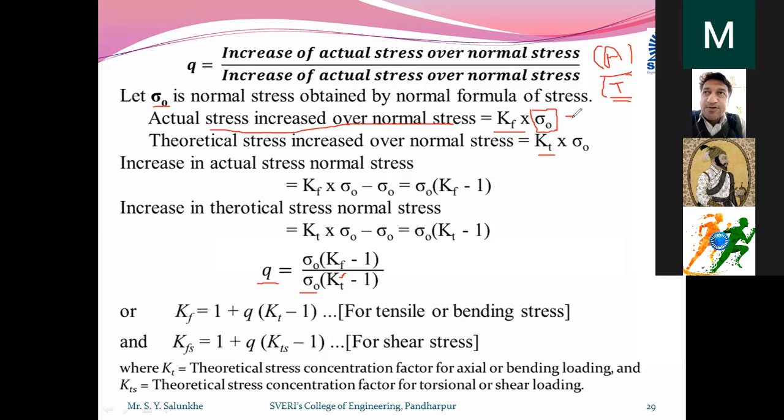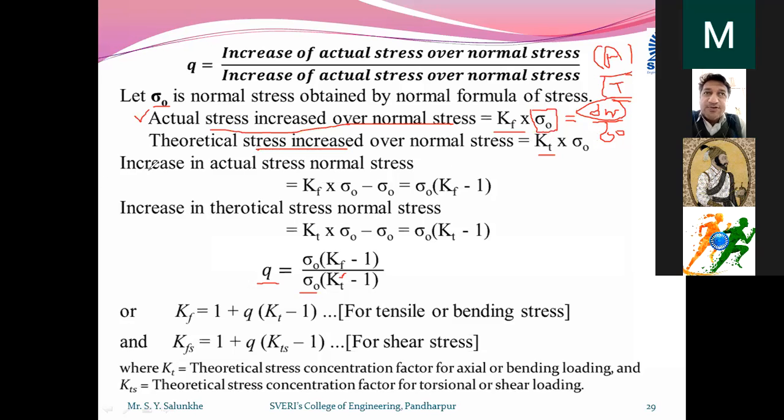Kf is maximum stress divided by normal stress, sigma 0, right? If you take sigma 0 to the other side, we get the maximum stress value in actual condition. And theoretically, the increased stress will be Kt multiplied by sigma 0.